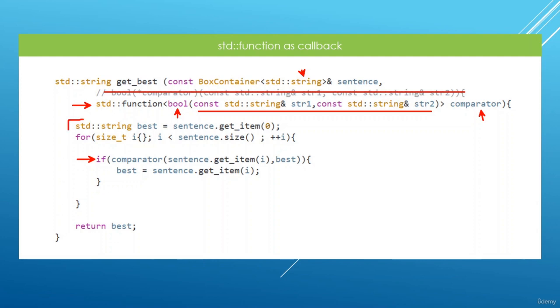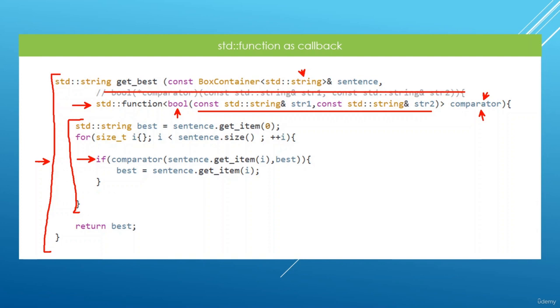This is going to give us the best string based on the kind of callback that we passed in here. So the best string might be decided in terms of size. It might be decided in terms of lexicographical order, as we have seen before. Any of this is really going to work, and you have all this flexibility in your hands now.